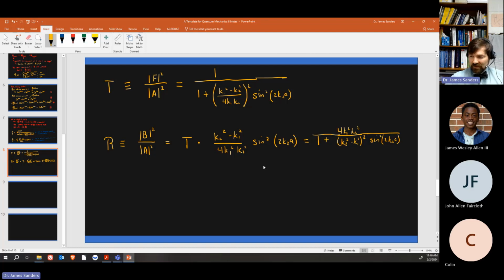These are what are called the transmission and reflection coefficients. They basically give you probability.